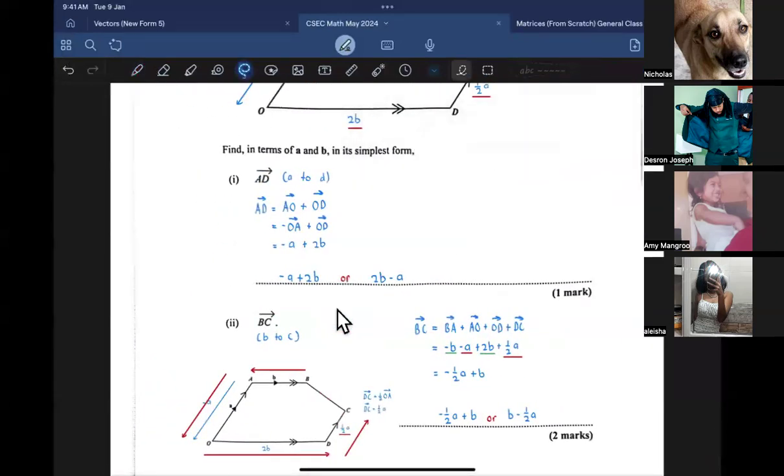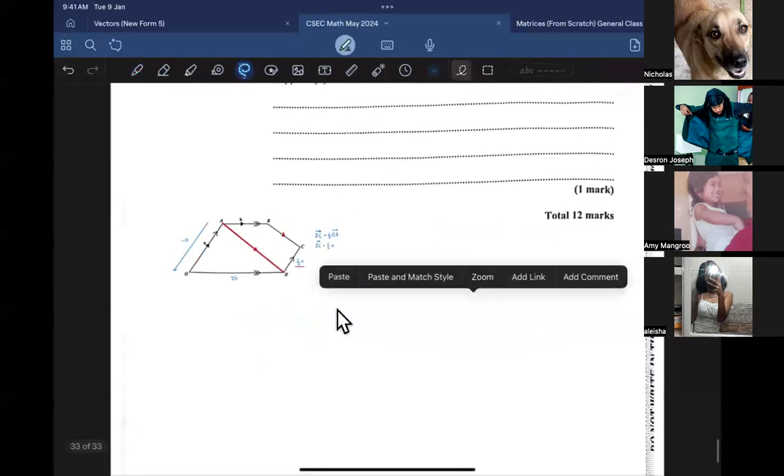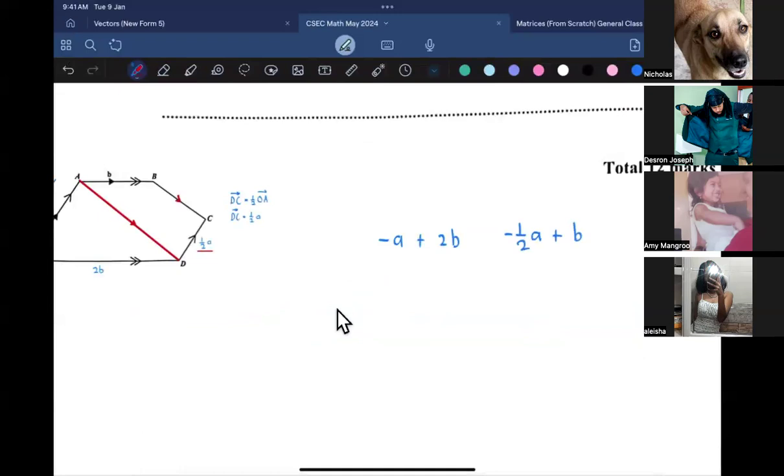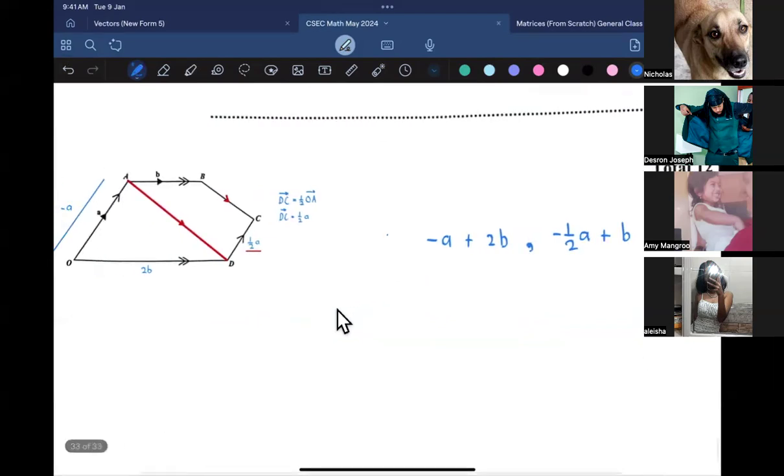And what was the thing I was saying? How could I prove that two vectors are parallel? Check back in all your notes. If two vectors are parallel, I could write them as the scalar multiple of each other.